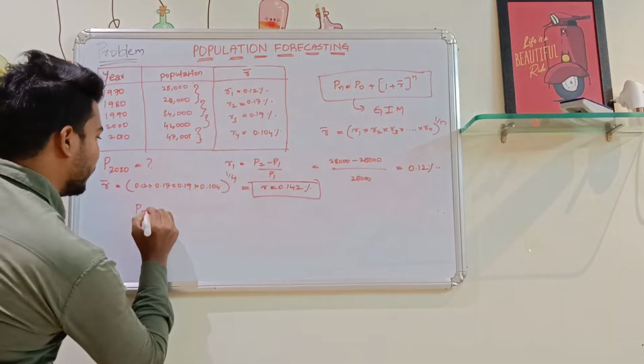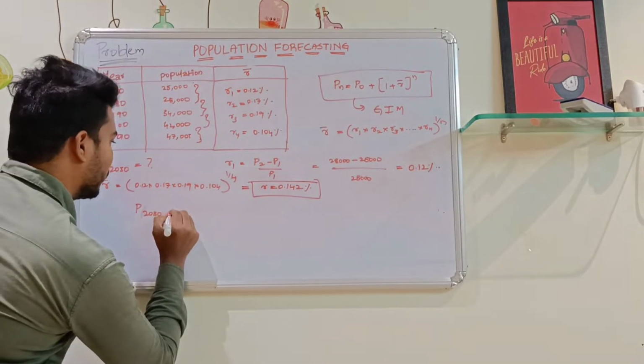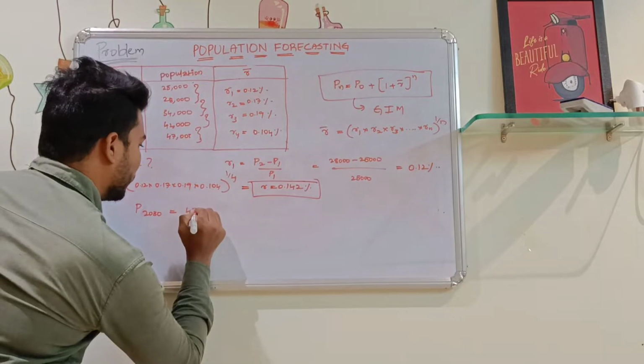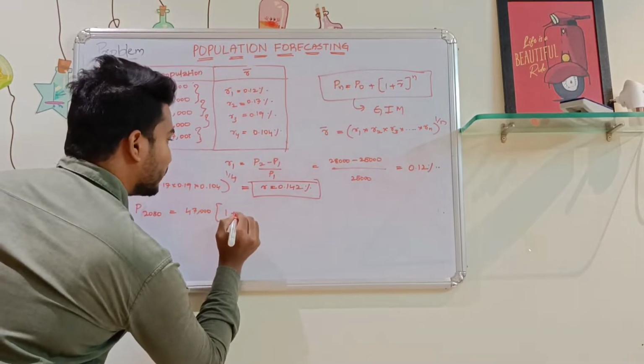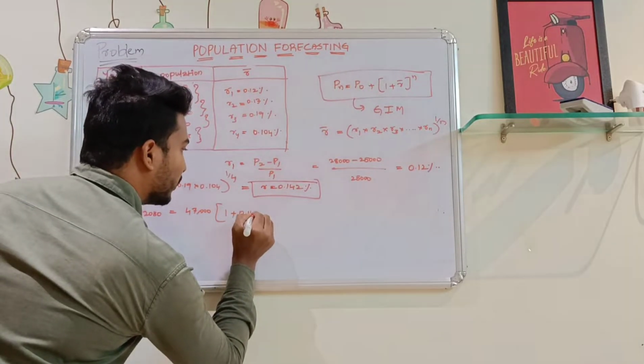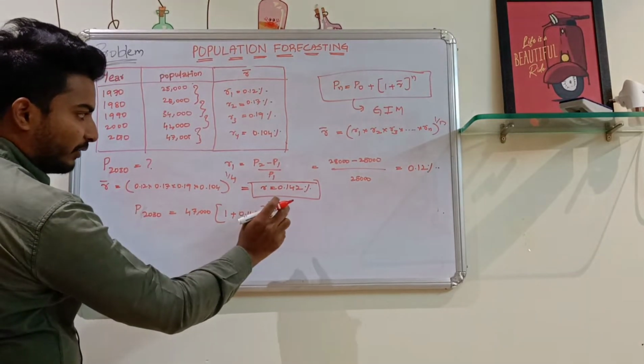So we know all the values, substitute in the above equation. So Pn, that is population in 2030, is equal to the latest known population P0, 47,000, into (1 plus R bar, 0.142) whole power n. So we are calculating it for 2 decades.